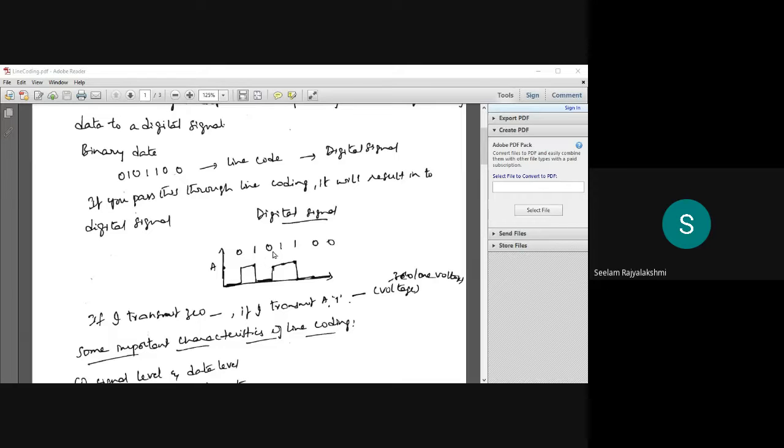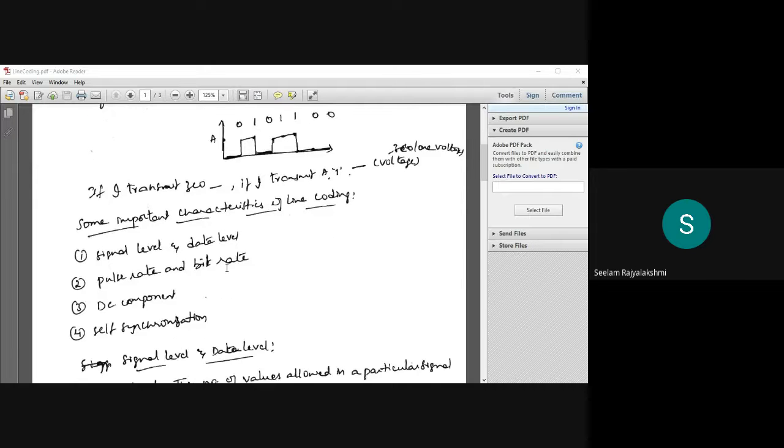Again 0, it is at 0, and 1, again the amplitude at A, and here we have 0 0. That means the process of converting binary data into a digital signal is nothing but line coding. Here A is the constant amplitude.